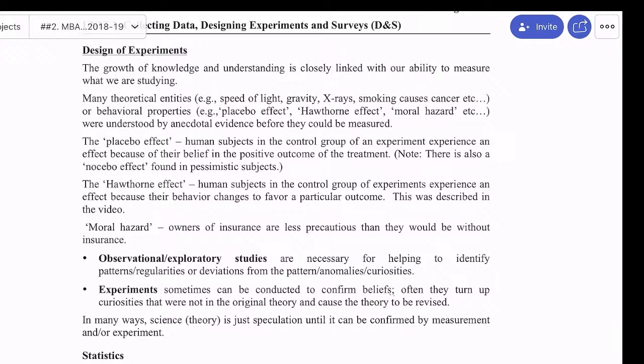To help you remember what you saw, I've developed these notes. The idea is to emphasize and highlight the main concepts.